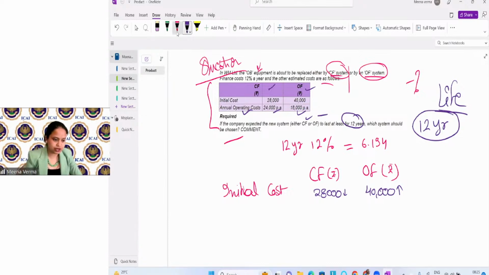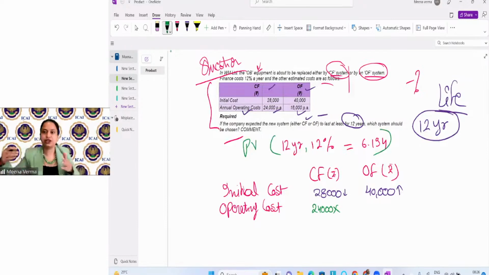So what will be the operating cost here? The operating cost will be 24,000 every year, you are incurring this cost, right? So you have to consider the discounted value. I hope you know present value factor.